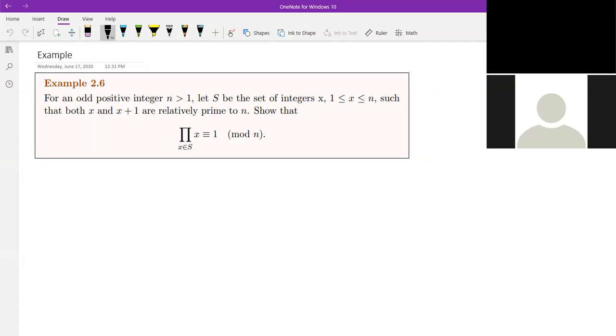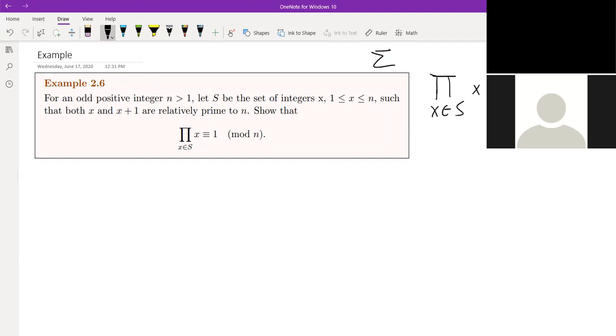And then we want to show that this product congruence here is true. In case you've never seen this product symbol before, essentially it's just like a sigma when you do sums, but it's for multiplication instead. So in this example, we're saying for all x in the set S, we're going to multiply these x.